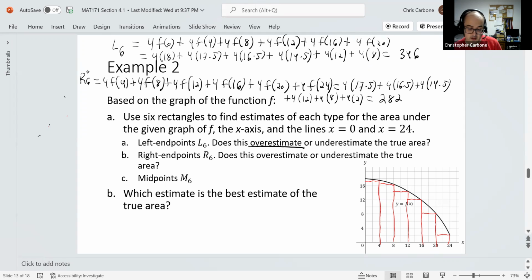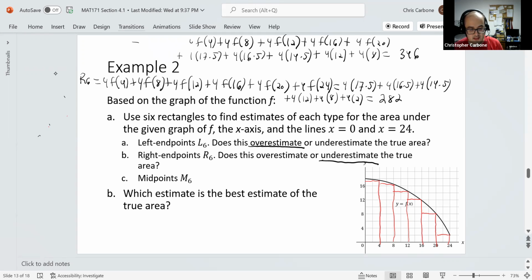And as you can see, we have a bit of white space underneath here. So this is going to be an underestimate. This one's flipped because the graph is decreasing from left to right as opposed to increasing. We also want the midpoints, M sub 6. So that's going to be our special points for this particular example.